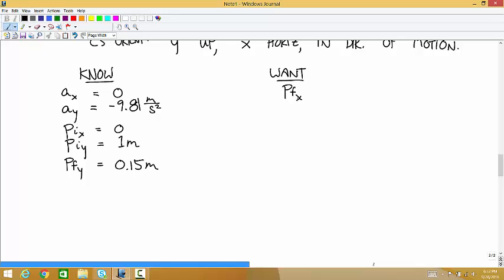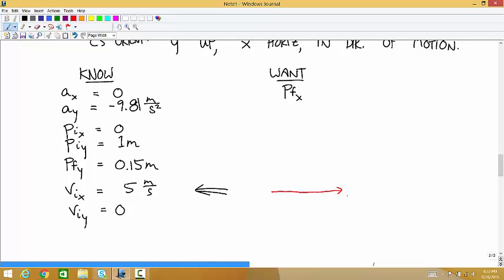Do we know anything about the initial velocity? Yeah, he's dropping it, so the initial velocity is whatever the velocity is of the vehicle he's dropping it from. So that's horizontal with a speed of 5 meters per second. So VIX is 5 meters per second, and VIY is 0. This comes from the same thinking as before.